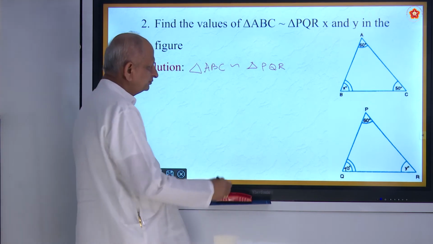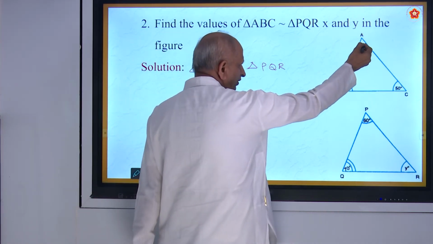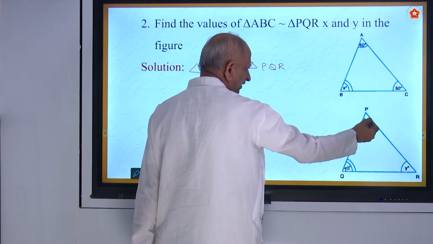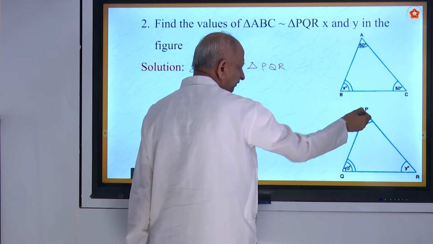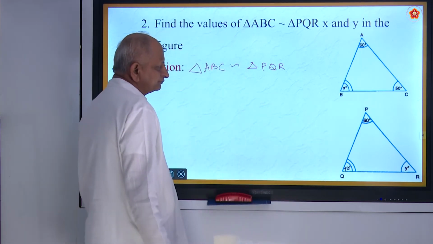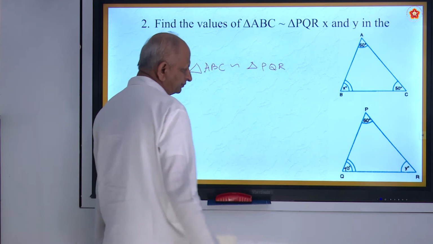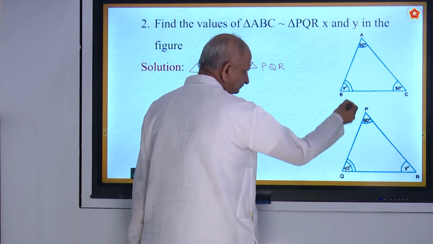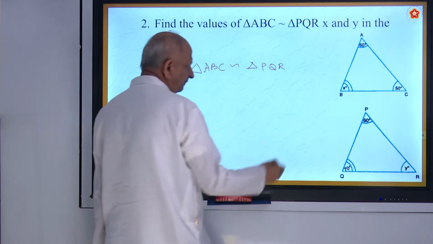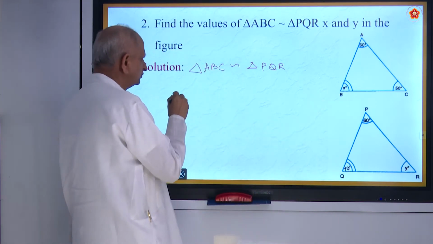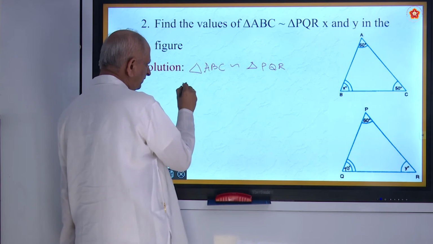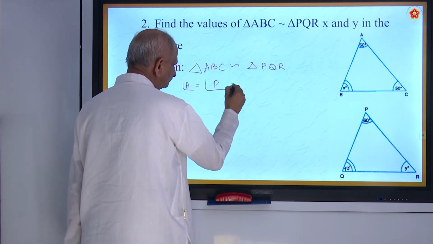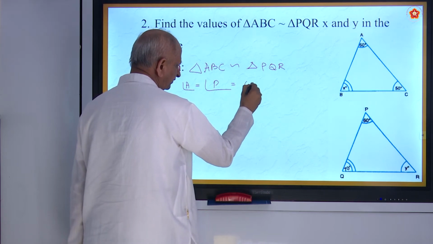Means what? Angle A of the first triangle and angle P of the second triangle, they are equal. Is it not? Now in the second triangle, the angle Q is 70. Angles B and Q are equal. So first point, angle A is equal to angle P is equal to 60 degrees.